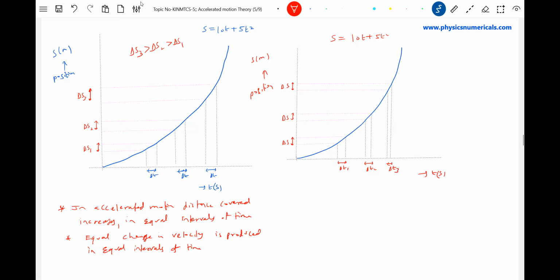So what is the condition we can put here? Time interval for successive equal displacements decreases. So what is the data? We can write one more.